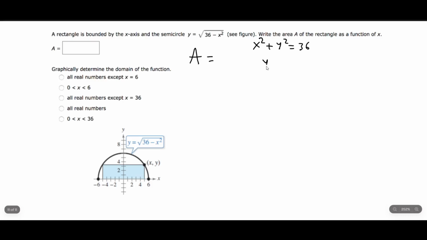When we do y squared equals 36 minus x squared, then y would equal plus or minus the square root of 36 minus x squared. Since this is only the positive square root, it'll be a semicircle above the x-axis, not below it, and that plus or minus illustrates that it would be the full circle. So that's one way to understand that it's a semicircle, if it doesn't say so.